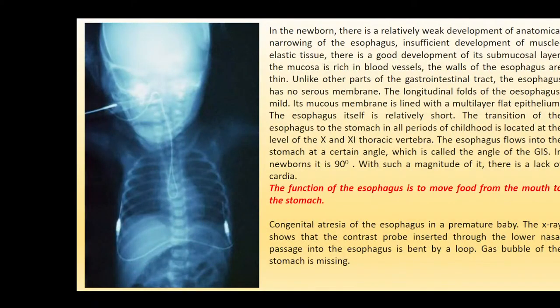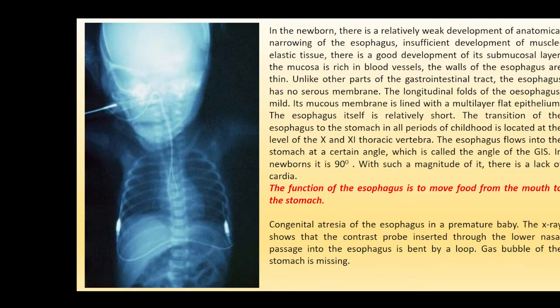In the newborn, there is a relatively weak development of anatomic narrowing of the esophagus, insufficient development of muscle elastic tissue. There is a good development of some submucosal layers. The mucosa is rich in blood vessels. The walls of the esophagus are thin.